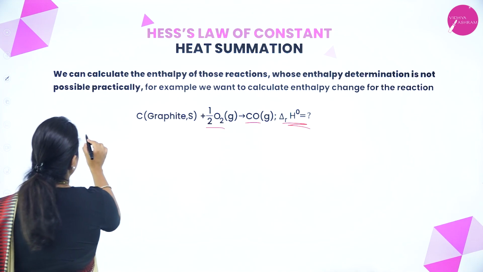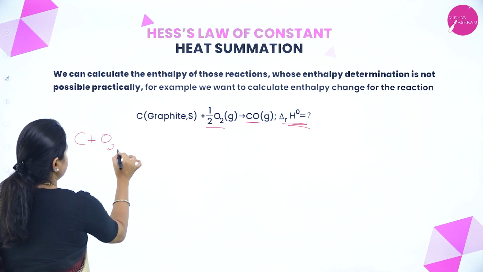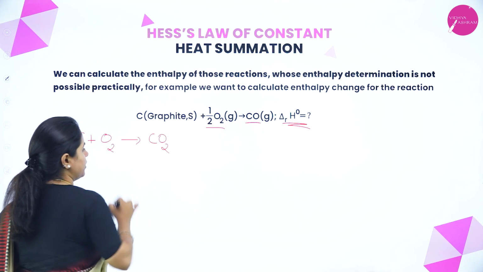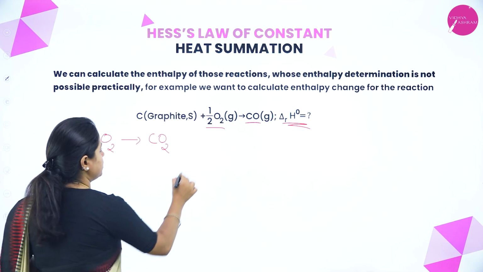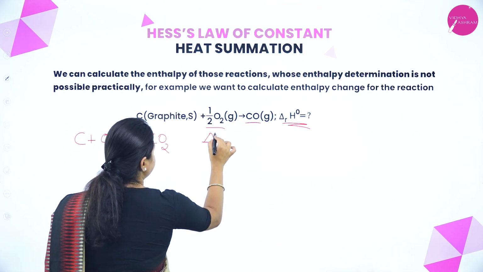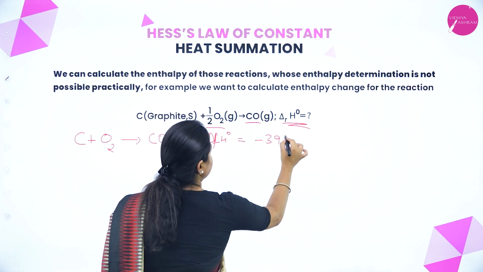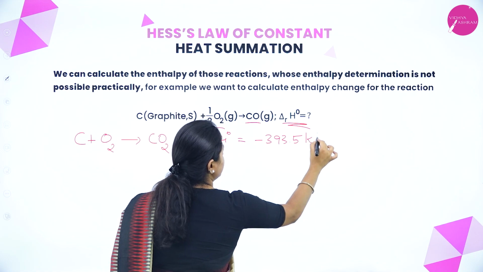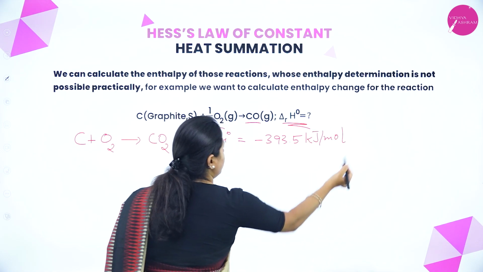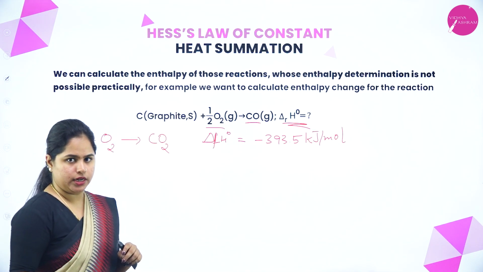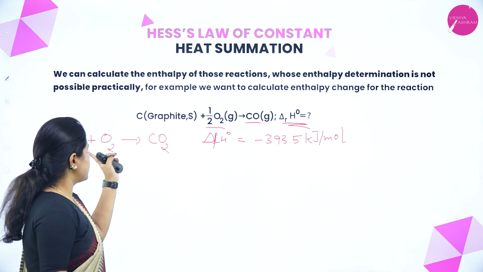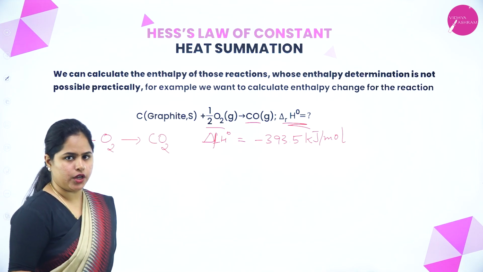One of the reactions is carbon and oxygen gives carbon dioxide. The enthalpy of formation of this reaction is minus 393.5 kilojoule per mole. So this is the value of this particular reaction: carbon plus oxygen gives carbon dioxide.